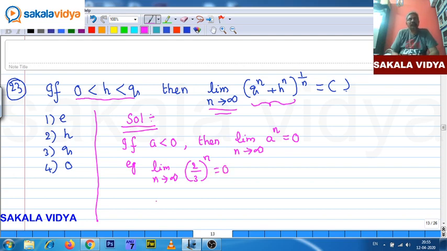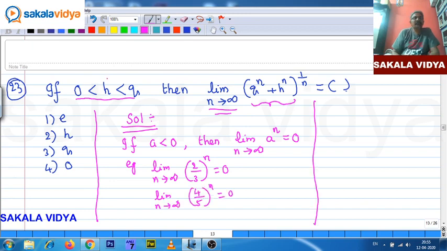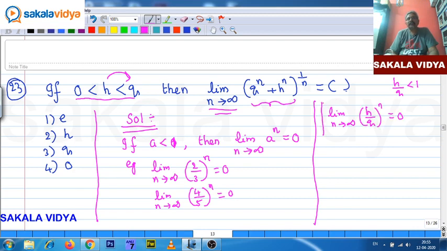This value is 0, directly we can write. Suppose limit n tends to infinity, here h by q is less than 1. So, h by q whole to the power of n tends also to 0. This is an important point in this problem.